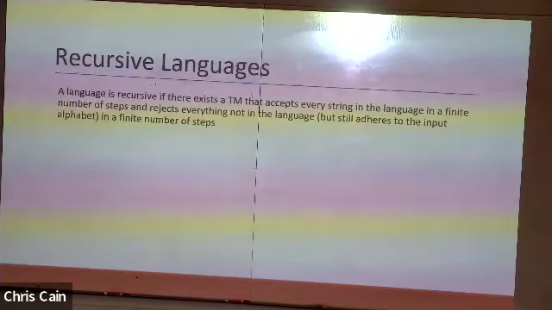Note that we're also restricting this to the same input alphabet. So if our input alphabet is AB and we feed it the string CCC, that is undefined. We don't care to reject that string because it's not in the input alphabet. So you give any string that utilizes the input alphabet, we can determine yes or no, we accept or we reject in a finite number of steps.